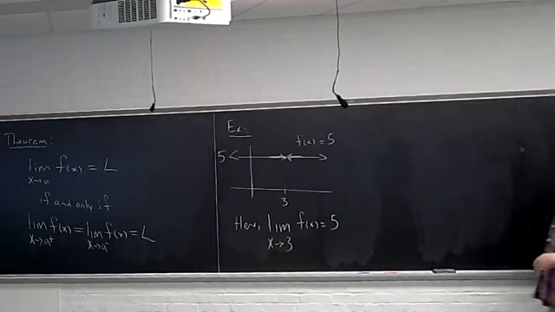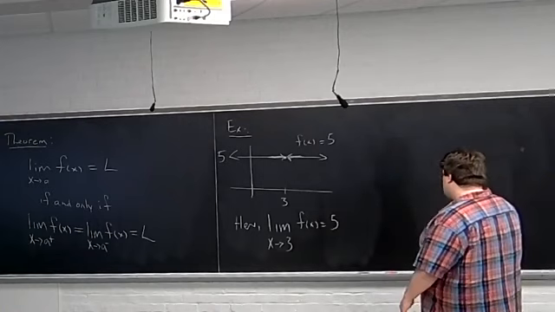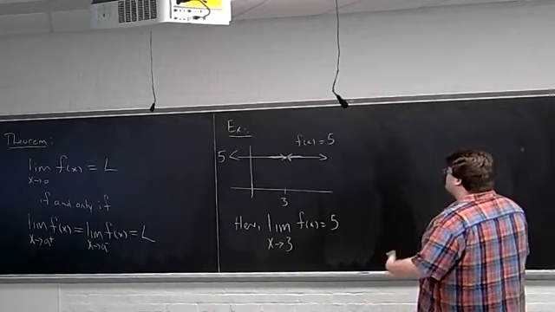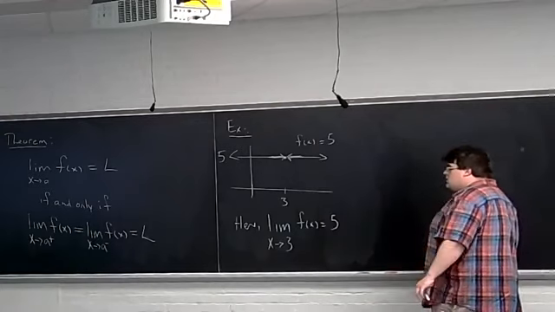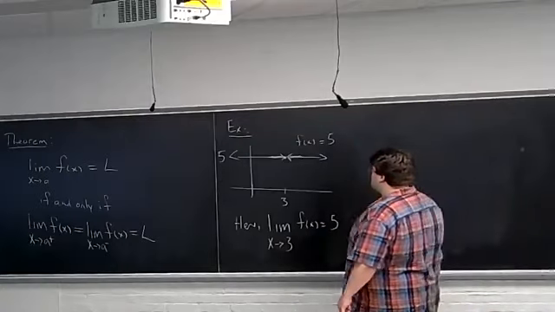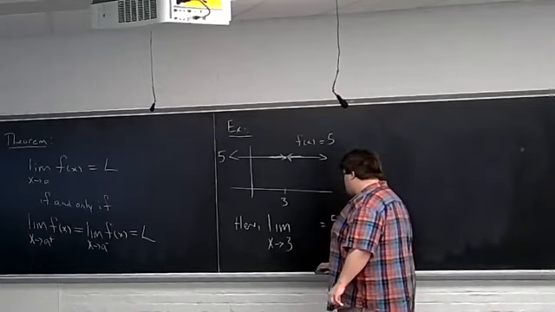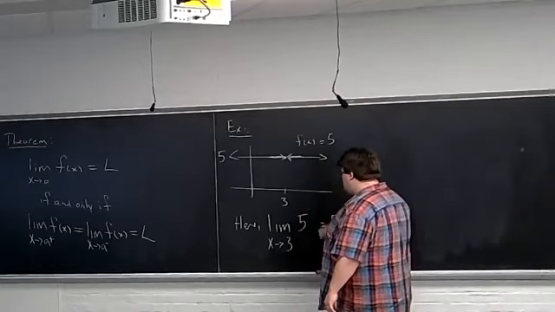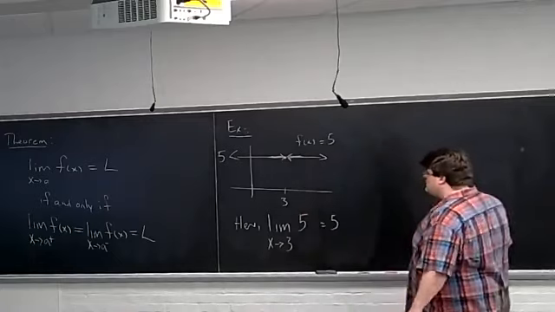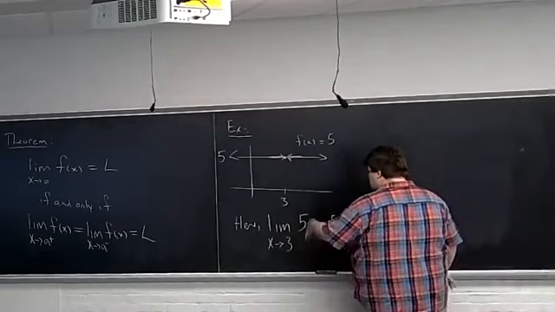Now, this conclusion statement may not make it obvious what is illustrated algebraically, because f of x here is always 5. So what happens if we just replace f of x with 5? Here it says the limit as x approaches 3 of 5 is 5.